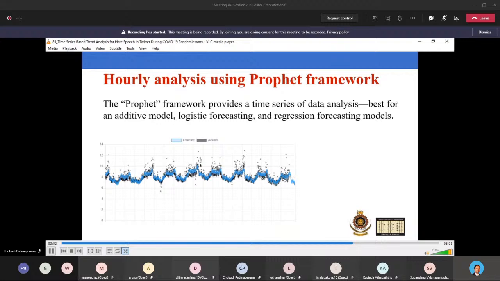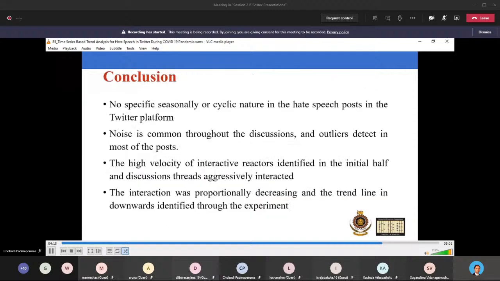The hourly analysis was conducted using the Prophet framework. It provides a good fit for time sensitive projects. Authors identified a logistic forecasting model for this project. As a conclusion of this project, we can state there is no seasonality or cyclic nature in hate speech posts on the Twitter platform.